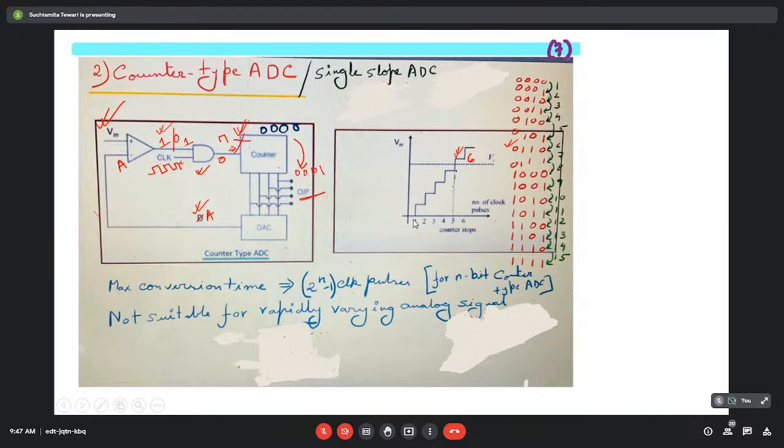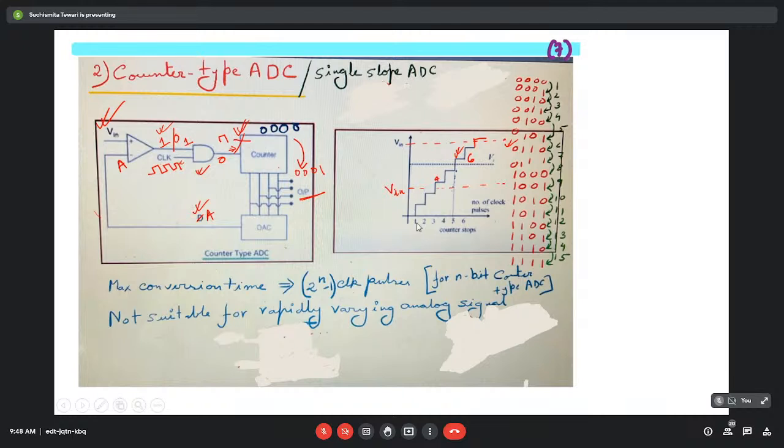So basically, how many clock pulses will be needed depends on the value of V in. Suppose this is the value of V in, in that case 1, 2, 3, 4: 4 clock pulses will be needed to produce the corresponding digital output. Here, 6 clock pulses will be needed. Now, if V in goes beyond this, here, then it will need 7, 8, a total of 8 clock pulses.